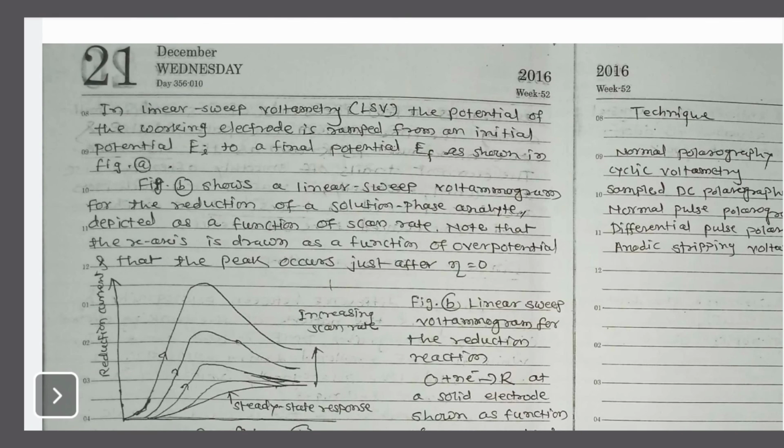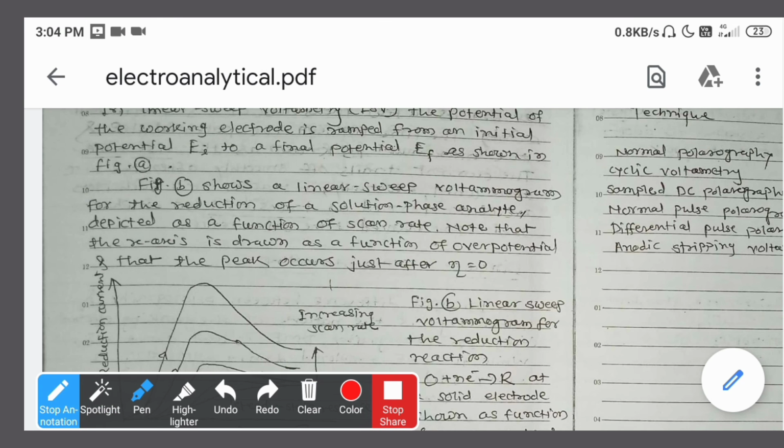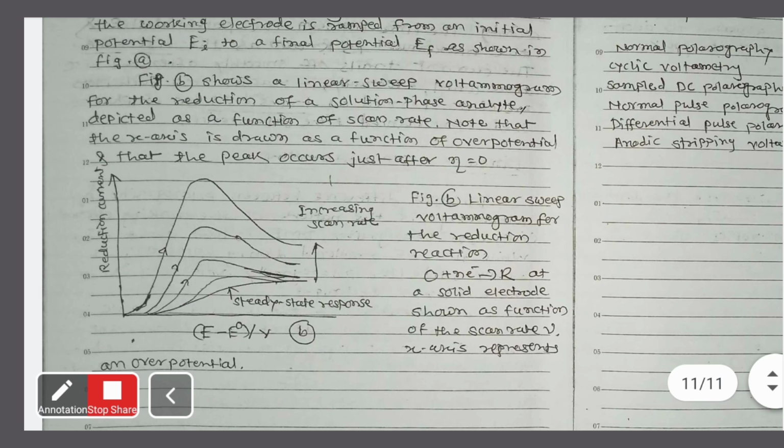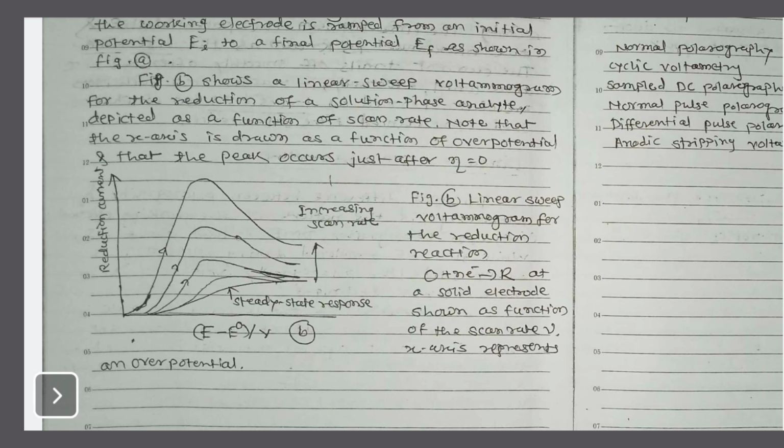In linear sweep voltammetry the potential of the working electrode is ramped from the initial potential EI to the final potential EF. The figure below shows the linear sweep voltammogram for the reduction of a solution phase analyte as a function of various scan rates, and how the scan rate changes our analysis.